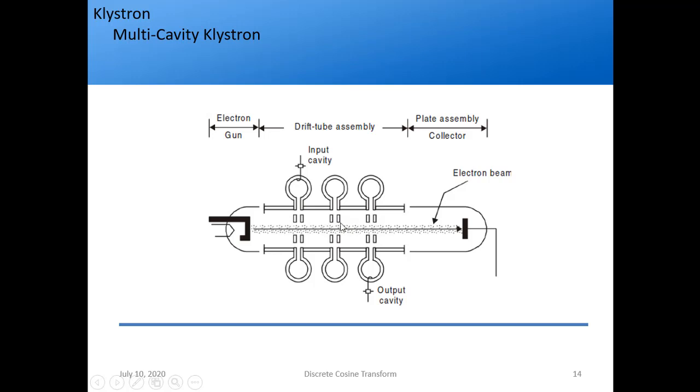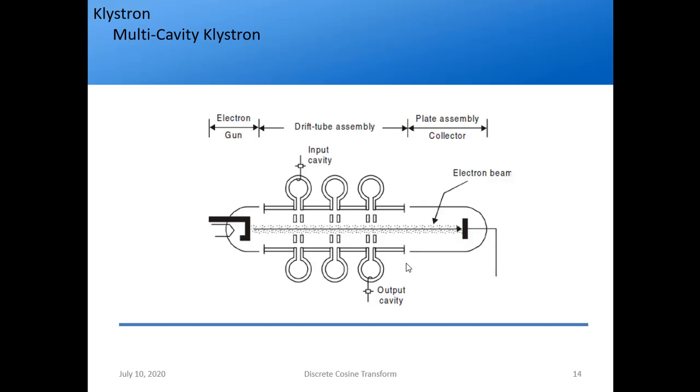In a two cavity klystron it gets amplified here, but since it is going further, it will get amplified further here. If I have one more cavity, it will get amplified even further. So the gain is increased in a multi-cavity klystron. That is the output of a multi-cavity klystron.